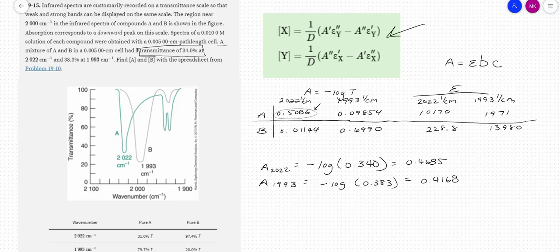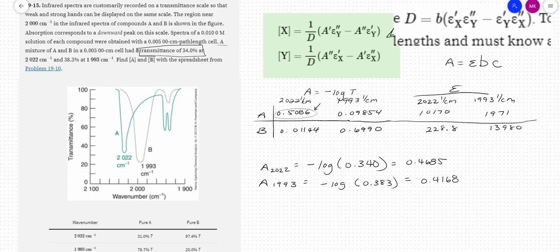Now I need to use these equations. I brought in the D equation as well, and I think it might be easier if we start highlighting. So I'll call this epsilon 1 of x, and that's going to go here as well. Then I need epsilon 2 of y, so I'm going to call this epsilon 2 of y.